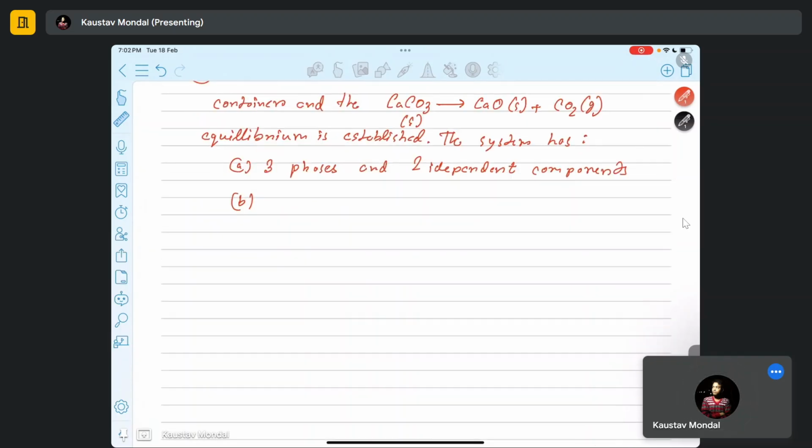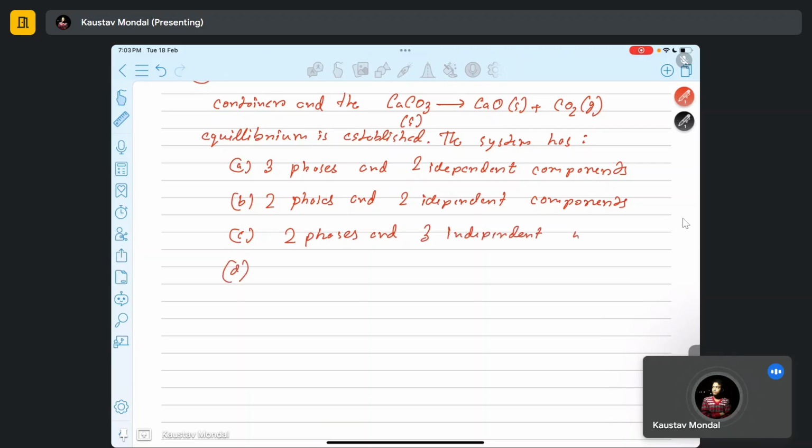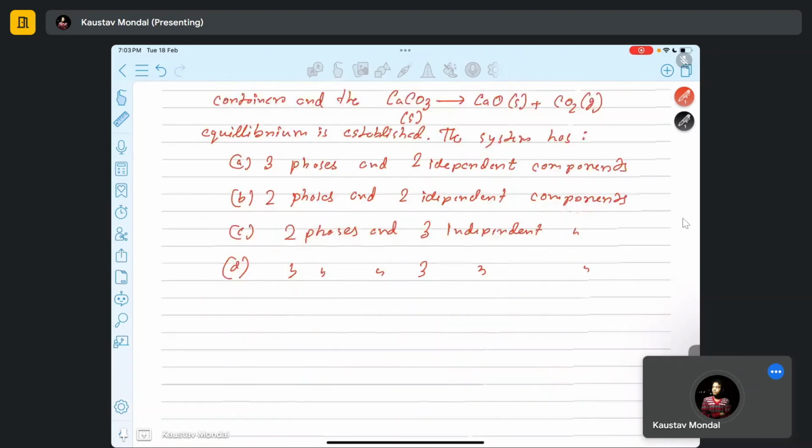Option B is 2 phases and 2 independent components. Option C is 2 phases and 3 independent components. Option D is 3 phases and 3 independent components. These are the 4 options that are given.